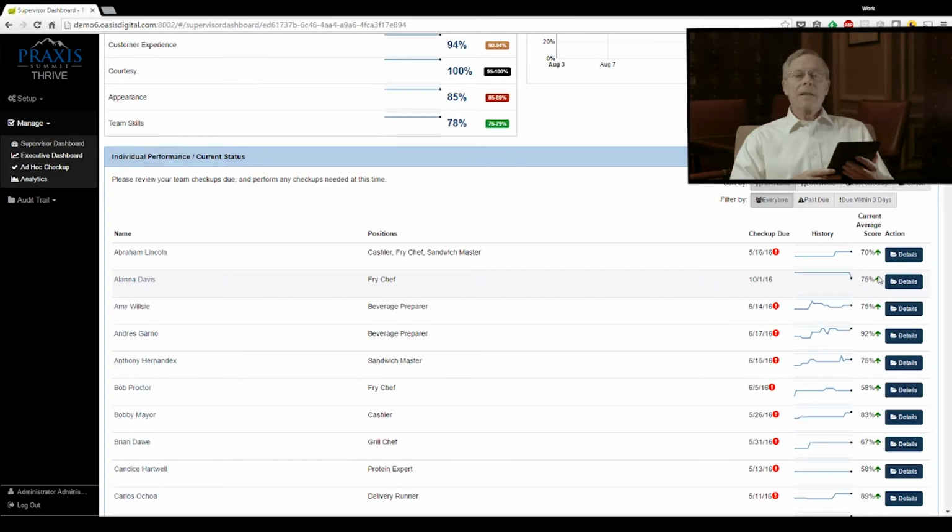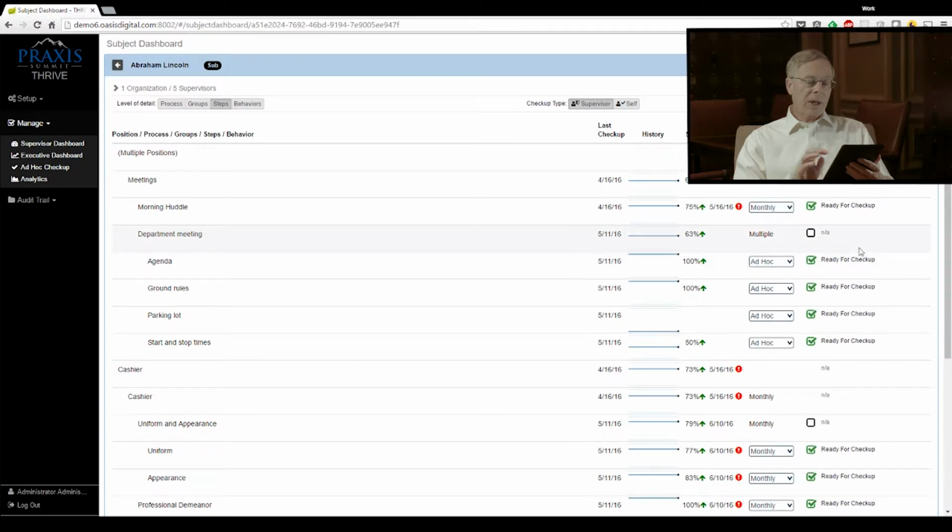And very quickly and simply, if they just want to go in and observe an employee working and do a checkup, they just hit that employee, and up pops all the processes that are available to do a checkup on.